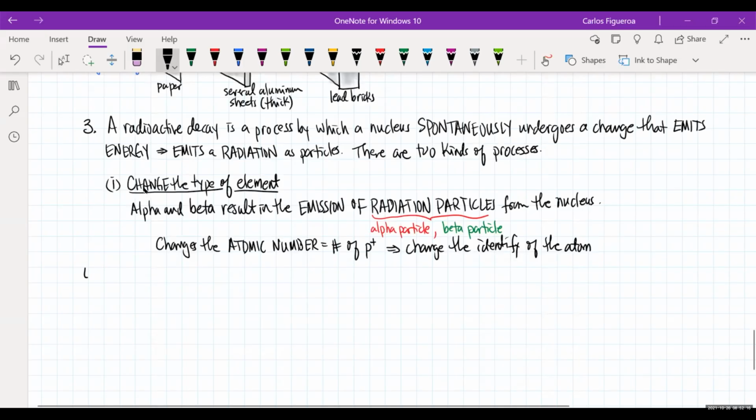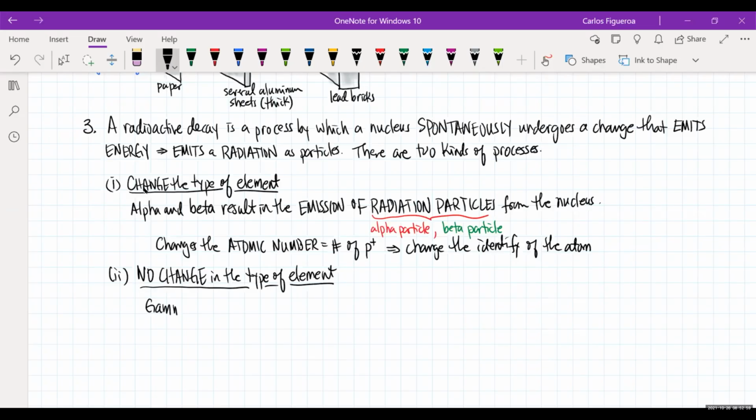And then there's this other kind right here. I said 4, sorry about that, it should be 2. And in this case there's no change in the type of element. And there's only one process that does this.